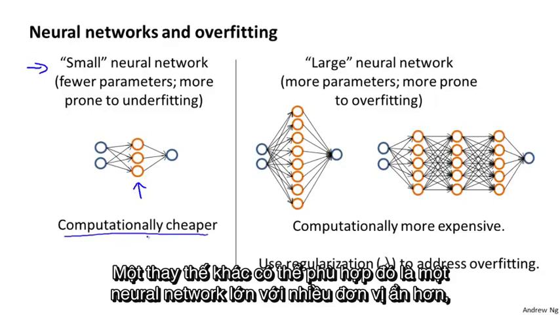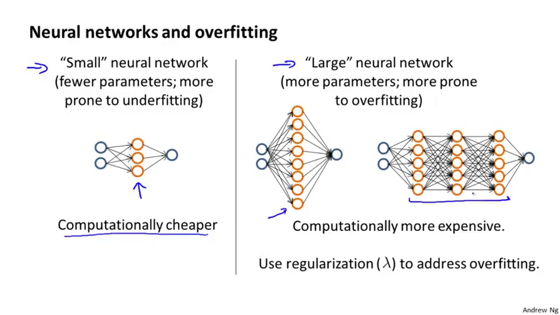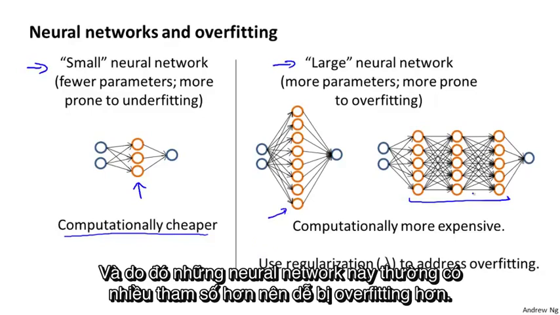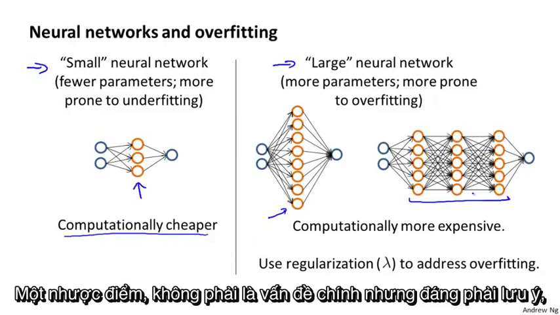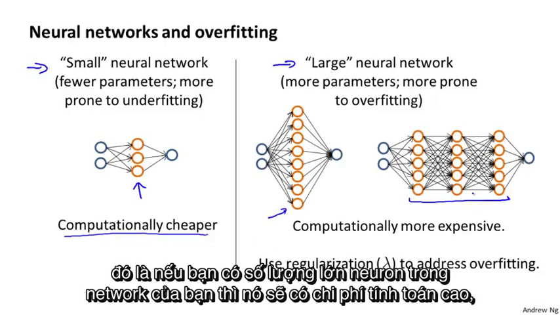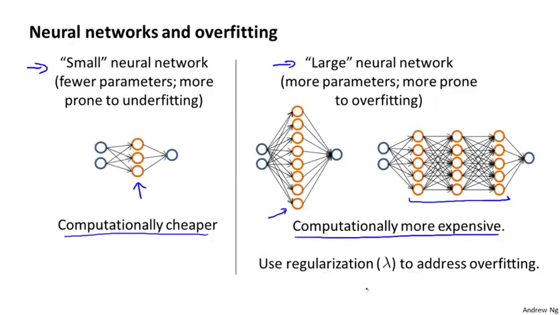An alternative would be to fit a relatively large neural network with either more hidden units, so if there's a lot of hidden units in one layer, or with more hidden layers. These neural networks tend to have more parameters and therefore be more prone to overfitting. One disadvantage, often not a major one, but something to think about, is that if you have a large number of neurons in a neural network, then it can be more computationally expensive, although within reason, this is often, hopefully, not a huge problem.